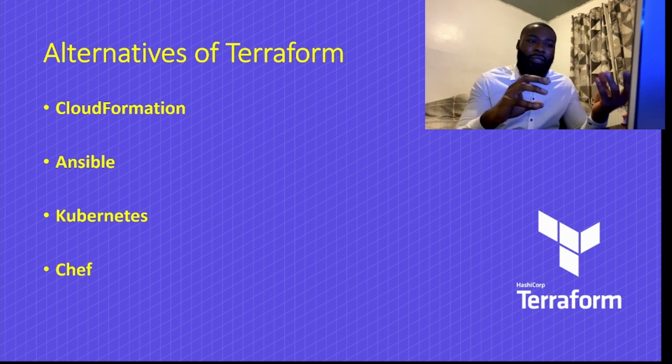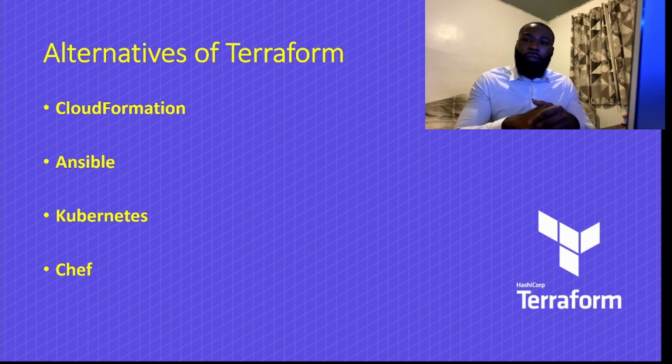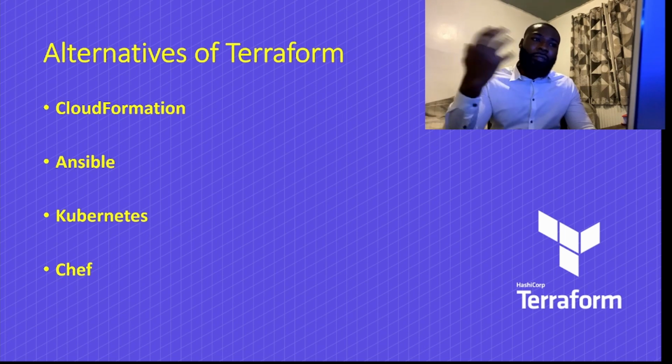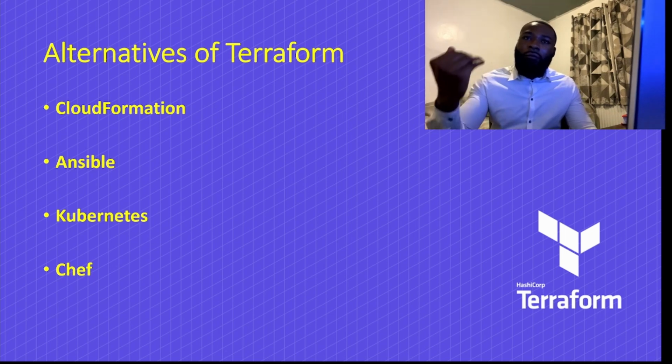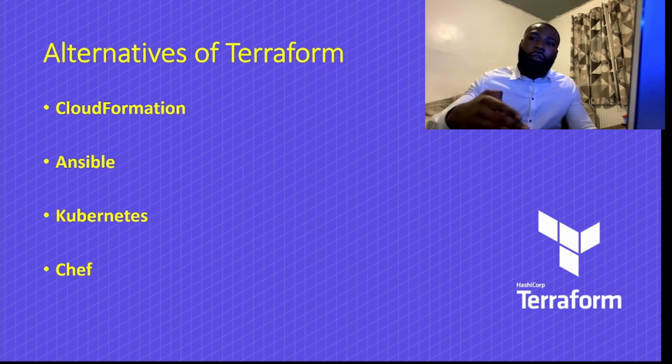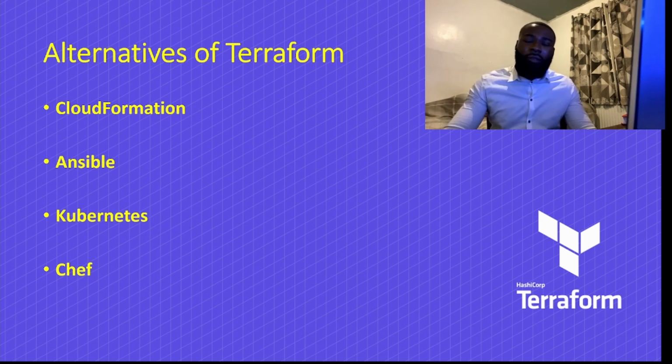So if you're going to launch an EC2, for example, using CloudFormation, that code would only work within AWS, which is where Terraform is such a great tool, because you can use the same syntax, the same method of writing your script, and it will allow you to create and configure infrastructure within multiple cloud vendors. So it could be AWS, Azure, GCP, DigitalOcean, whichever is your choice.